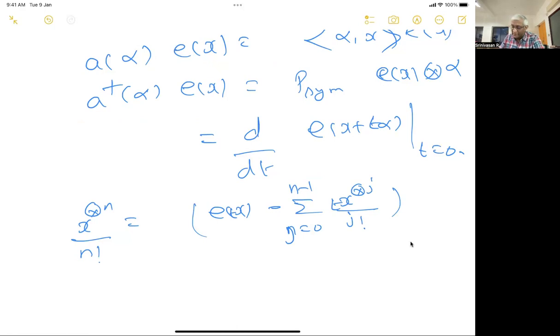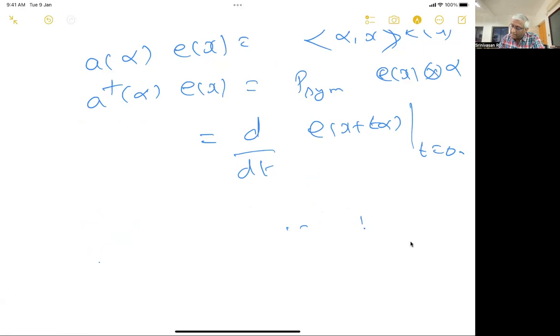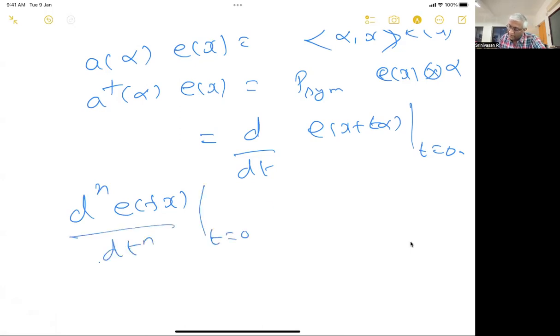If you take the exponential vectors E of t x as a function of t, differentiate it n times, and evaluate at t equal to 0, whatever you get is x tensor n divided by n factorial. This is just d n by dt n at t equal to 0 giving x tensor n by n factorial.